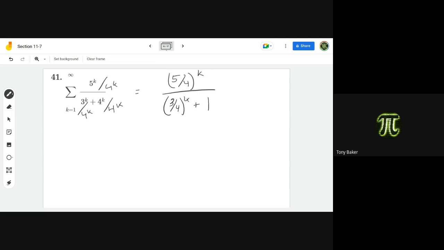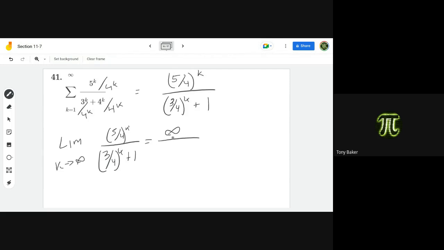Okay, so if I had (5/4) to the k, as k goes to infinity, what happens to that? If I'm just doing the limit as k goes to infinity, the top's going to what? Infinity, right? What's (3/4) to the k going to?